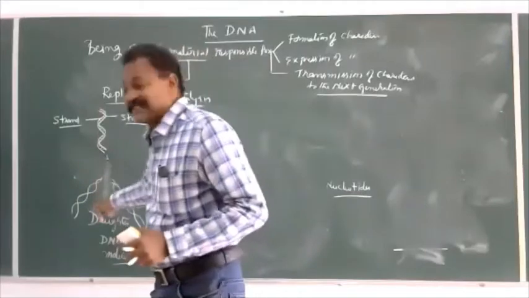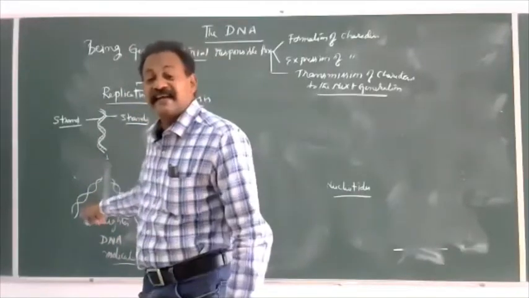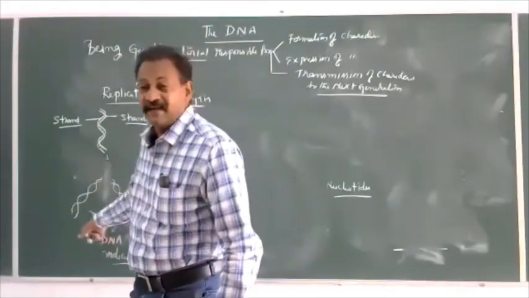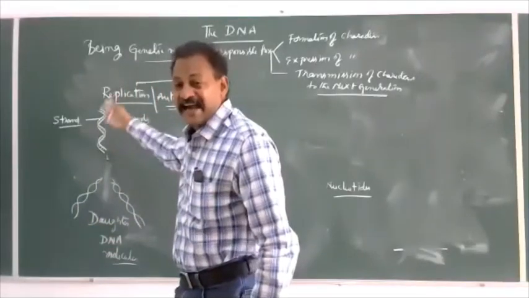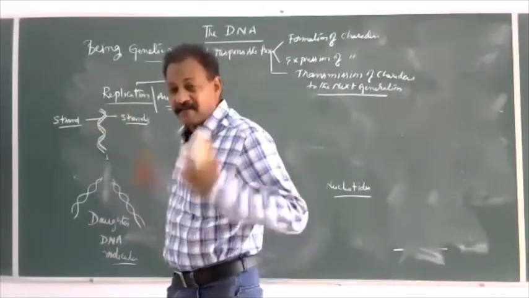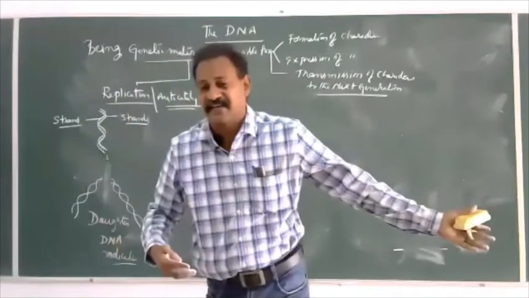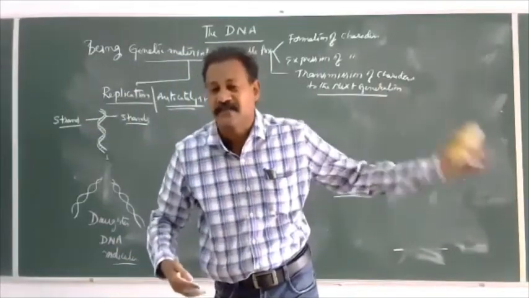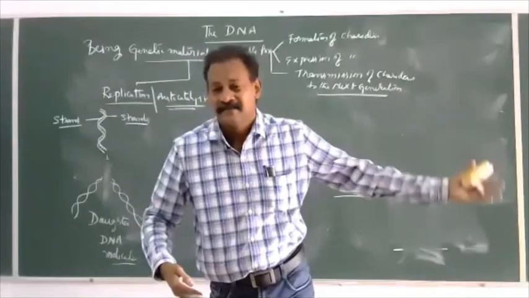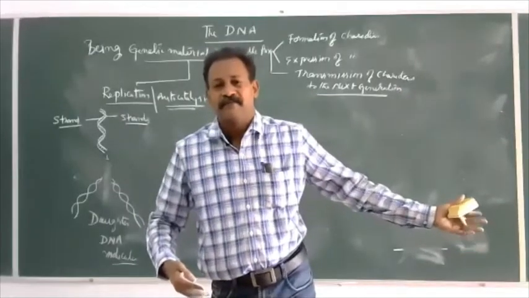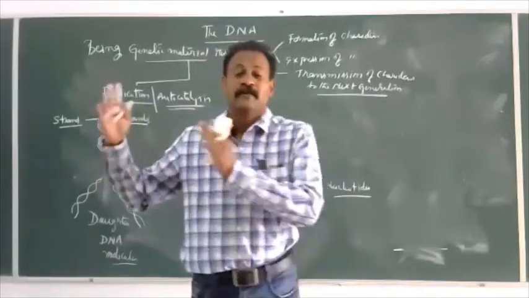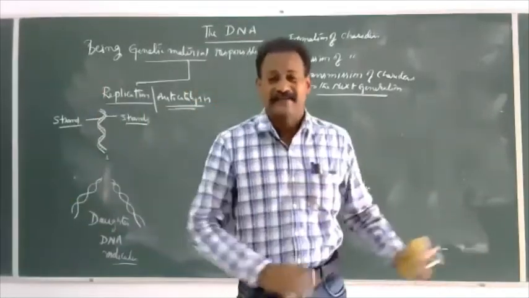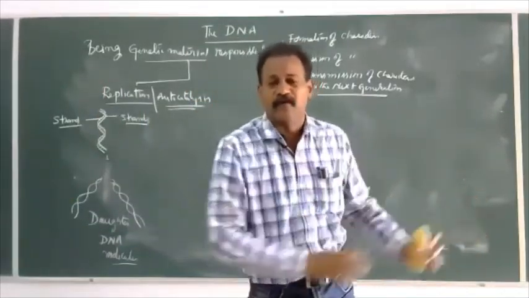Because of this nature only, DNA is considered as genetic material which can pass the information or the characteristic feature of an organism to its next generation, to its offspring, from one mango plant to another mango plant, tomato plant to tomato plant, dog to dog, cat to cat, rat to rat, human being to human being.